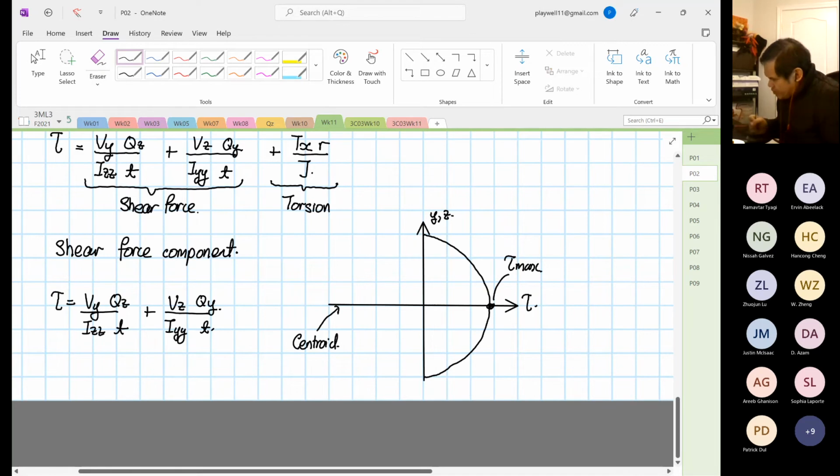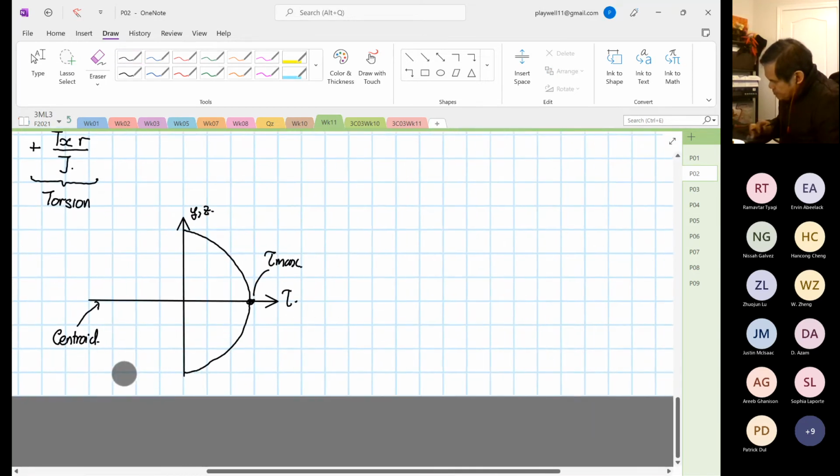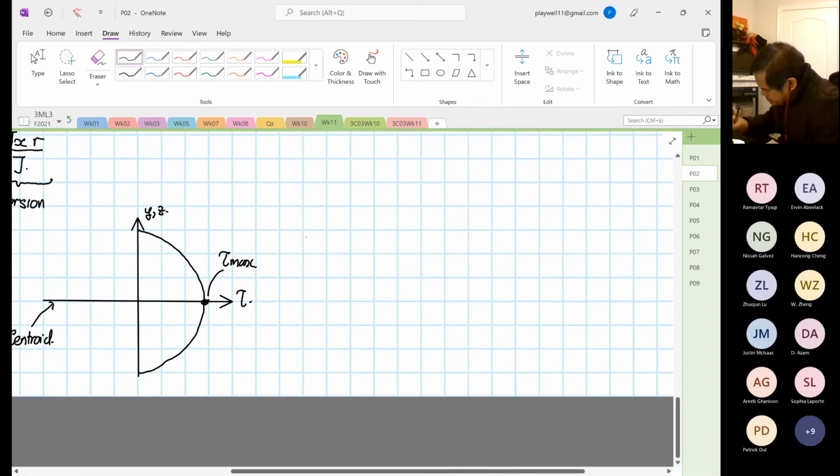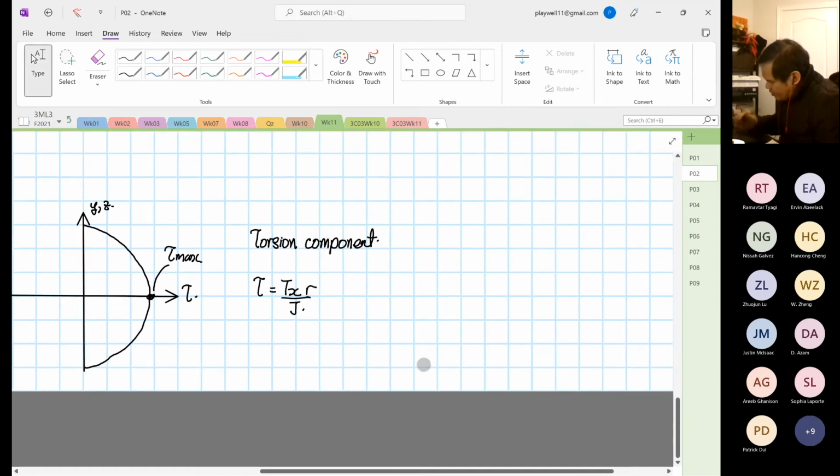Then if I were to write up the torsion component, where the shear is tau equals Tx R over J. Okay, let me define what these are.